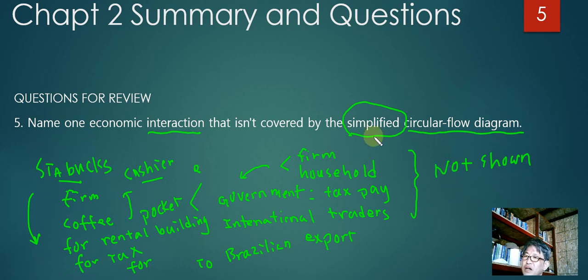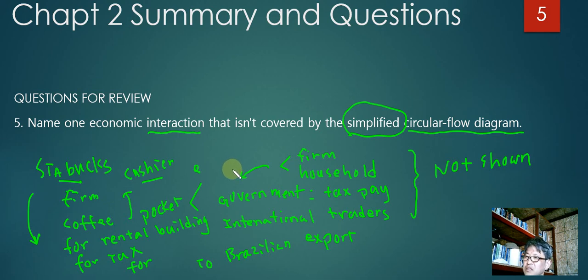So we might omit additional entities like government and international trade, because these entities should also be included in reality.